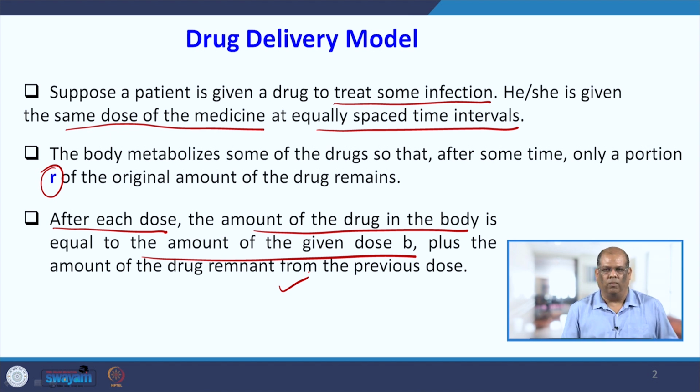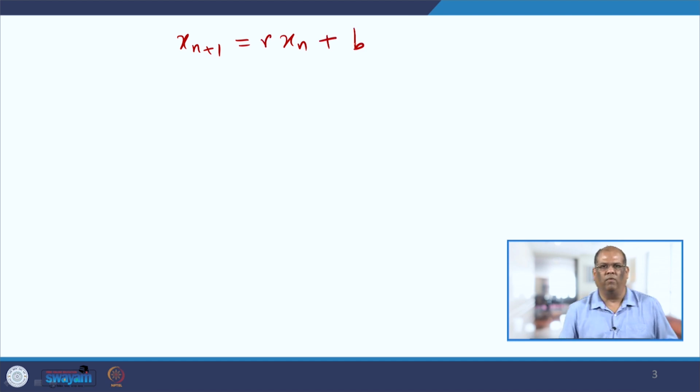So, if you want to model this, it will be x n plus 1 equals the amount that remains from x n, that is the portion R, plus a constant amount of drug b that is given to the patient at equal time intervals. So, it is a very simple model.